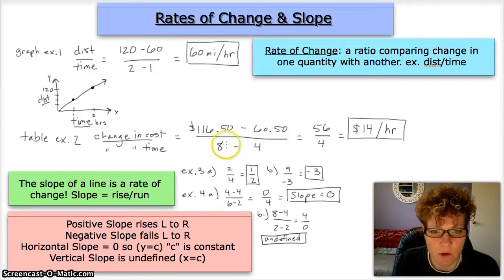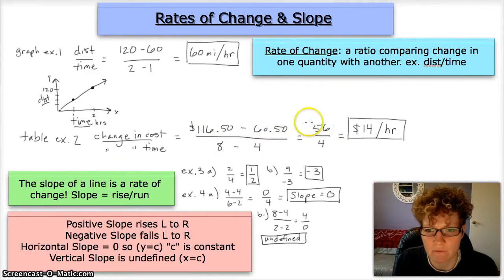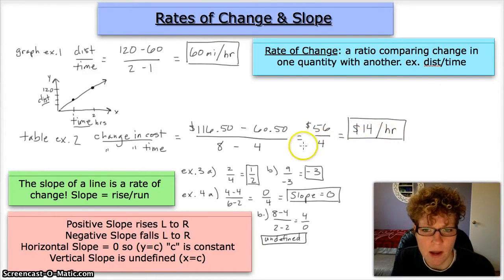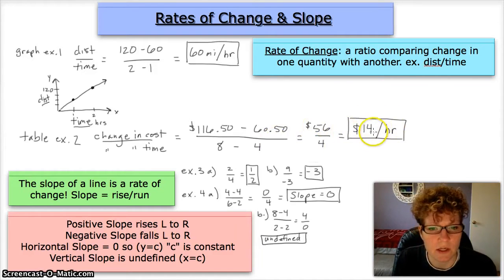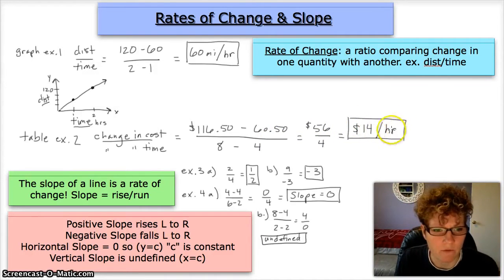And this is 8 hours versus 4 hours. 8 hours is the higher amount, 4 hours is the lower amount. So I subtract that and get $56 for 4 hours. So the rate would be $14 per hour, and then you can predict what the increments would continue to rise over time.